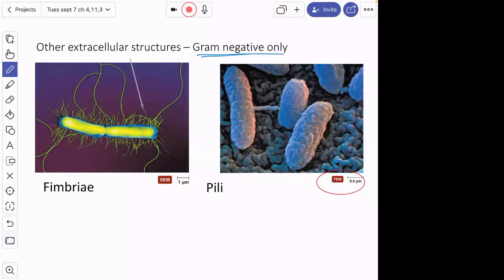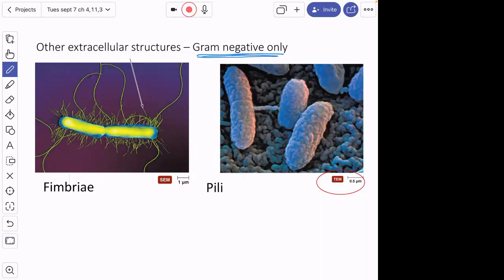There may be an exception or two to this, as there usually is with any rule, but for the most part, we think these structures are only in organisms that have a gram-negative cell wall. And they're very similar structures, in fact, sometimes we wonder, do you call it a fimbriae or a pili? Sometimes we use those terms interchangeably, which is a little bit confusing.